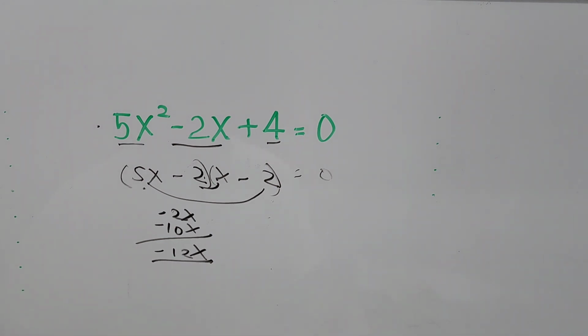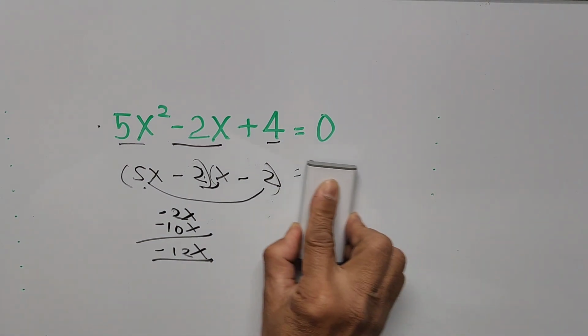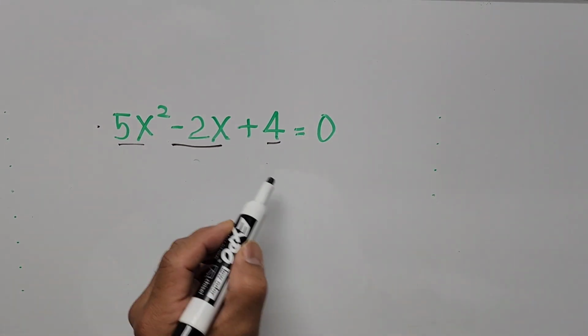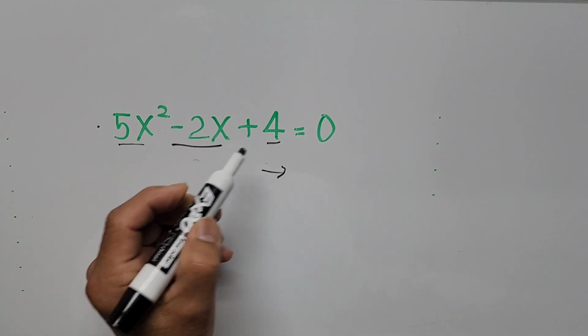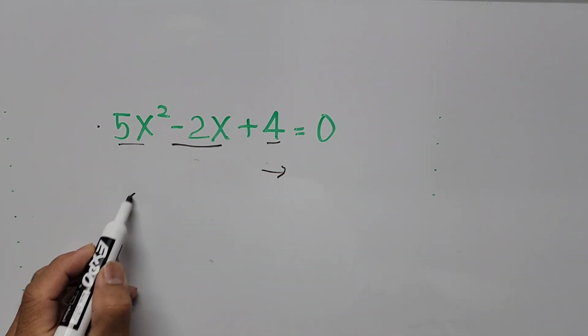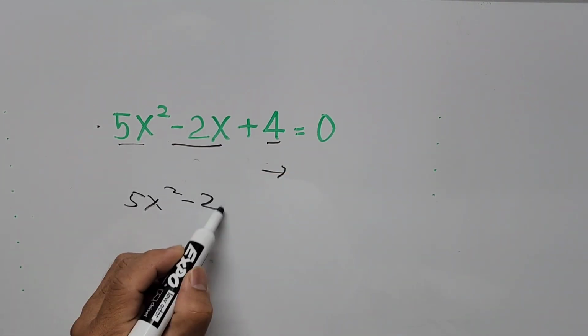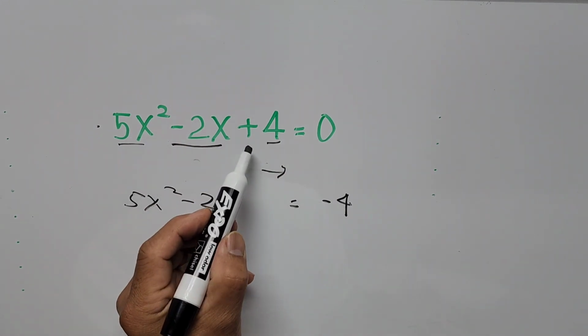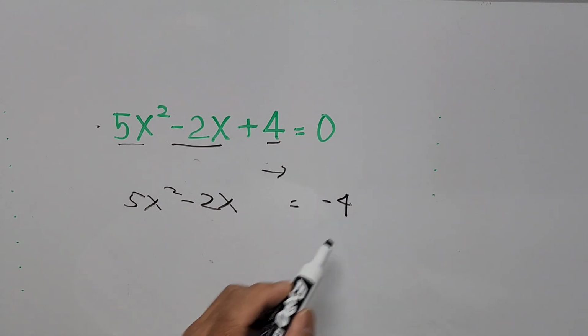So we now proceed to the completing the square method. So first again is move the constant to the right hand side. So we have 5x squared minus 2x equals negative 4. Moving positive 4 to the right hand side will become negative.